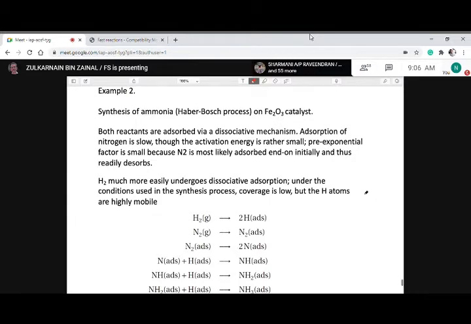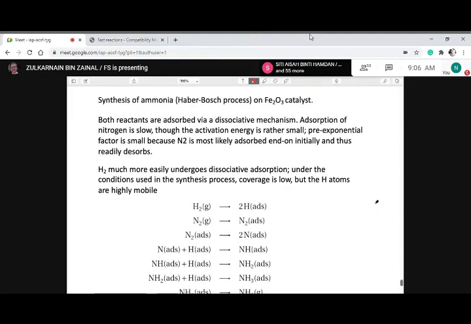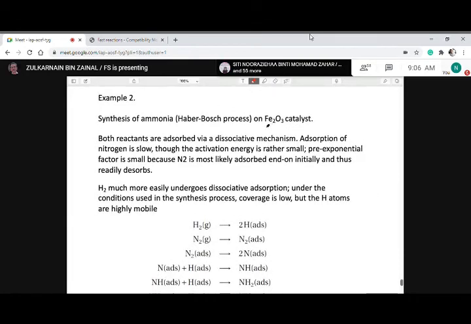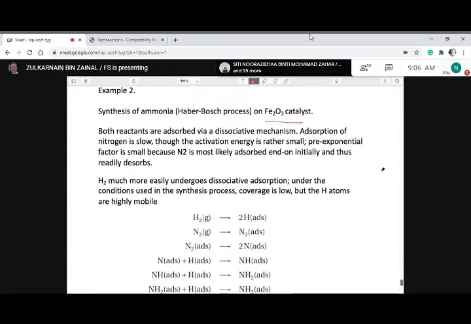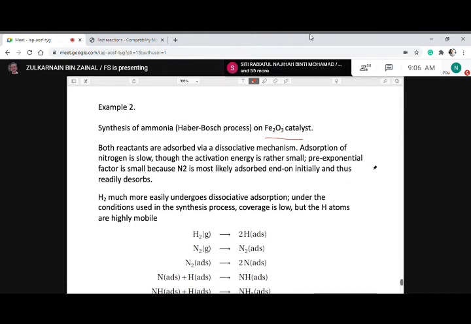The Haber process is actually the reaction of hydrogen and nitrogen to form ammonia. Okay, so this occurs on a catalyst that is not very expensive, a metal oxide catalyst, which is an iron oxide catalyst.